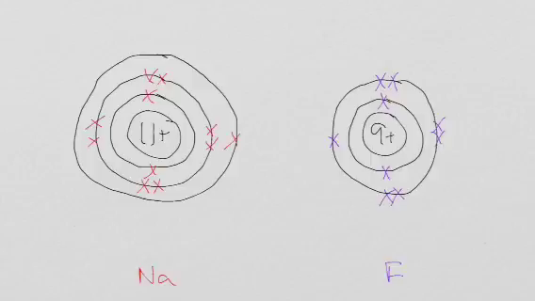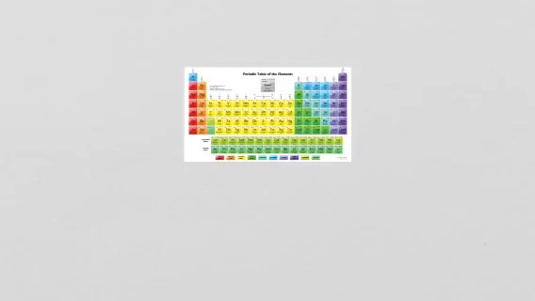If we look at our periodic table that has the Roman numerals on it, we can go back and forth.